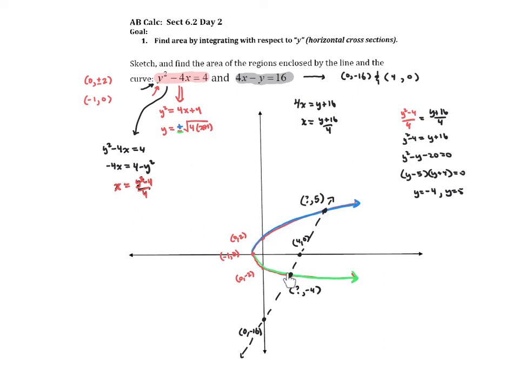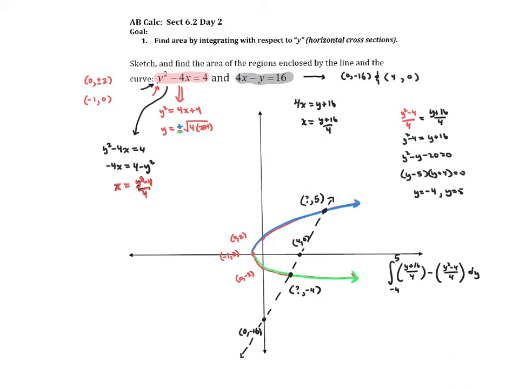Here is the relation with the smaller x values. So I'm going to integrate from -4 up to 5 of the upper function with respect to y minus the lower function with respect to y. Now this is a function in terms of y, it is a relation in terms of x. And I'm going to integrate that with respect to y.